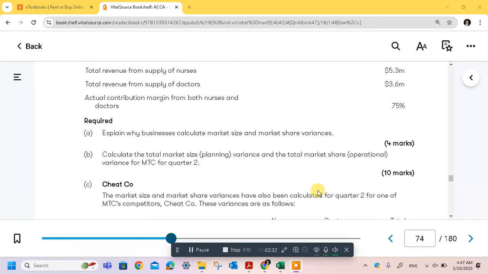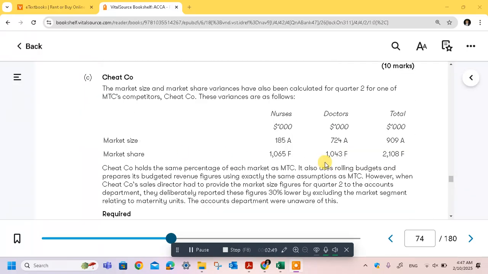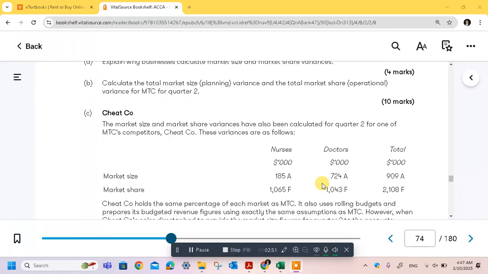Okay, the requirements. Explain why businesses calculate market size and market share variances, 4 marks. Calculate the total market size variance and market share variance, 10 marks. Then there is another company, some details, 6 marks.